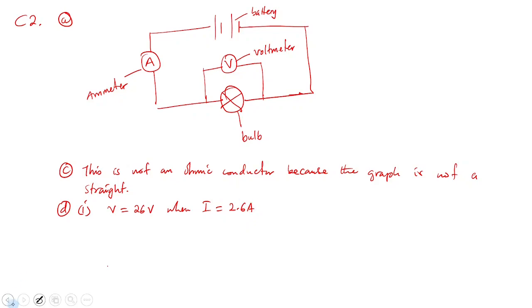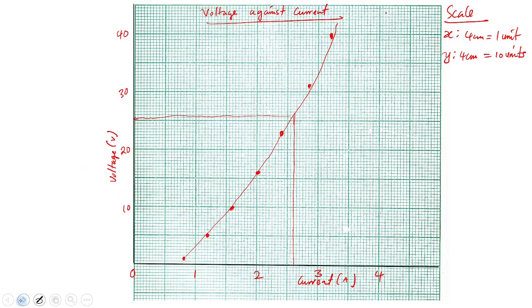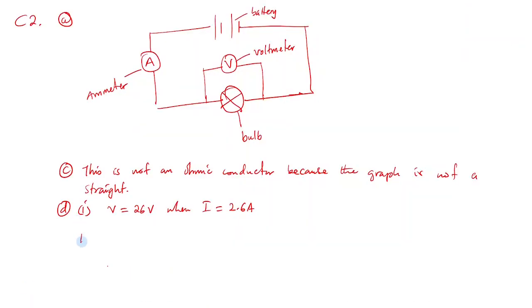Then here part 2 they're saying calculate the resistance of the torch bulb when the current through it is this. So resistance, now we have found the voltage. So part 2 will make the resistance the subject of the formula. Resistance is equal to voltage over current.